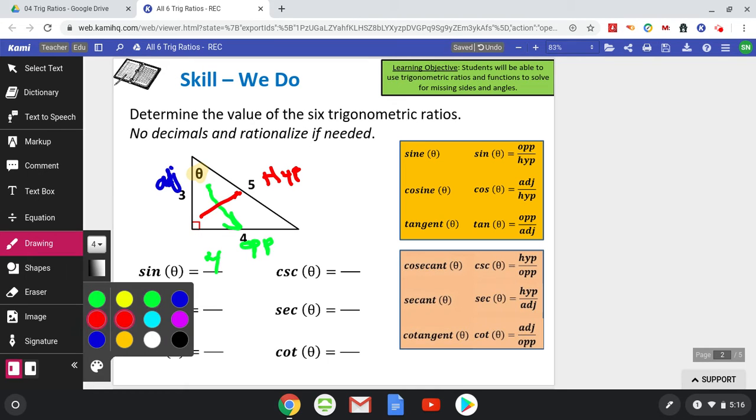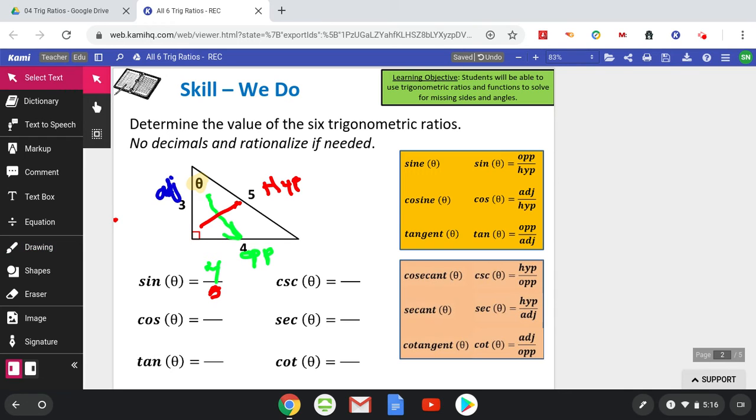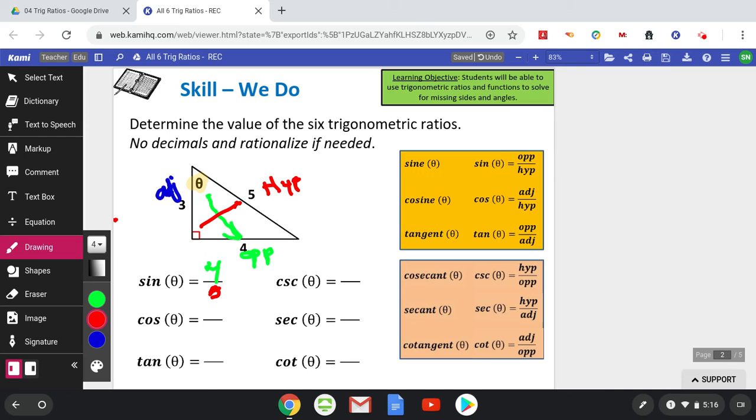Hypotenuse is 5, so that one would be 4 over 5. We also have the cosine. The cosine is adjacent over hypotenuse. Adjacent being 3. That would be 3 over the hypotenuse, which is 5.